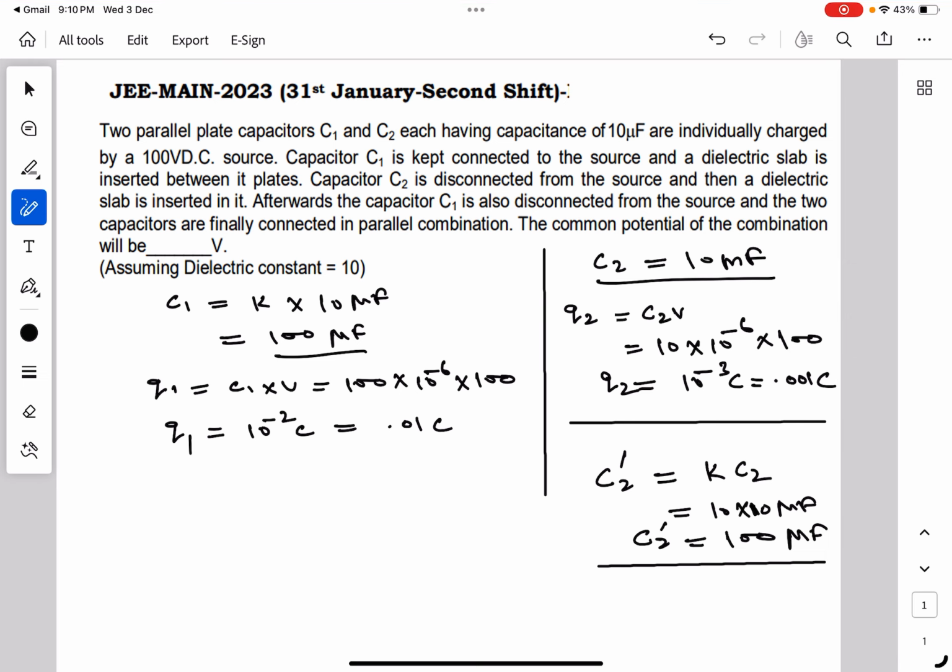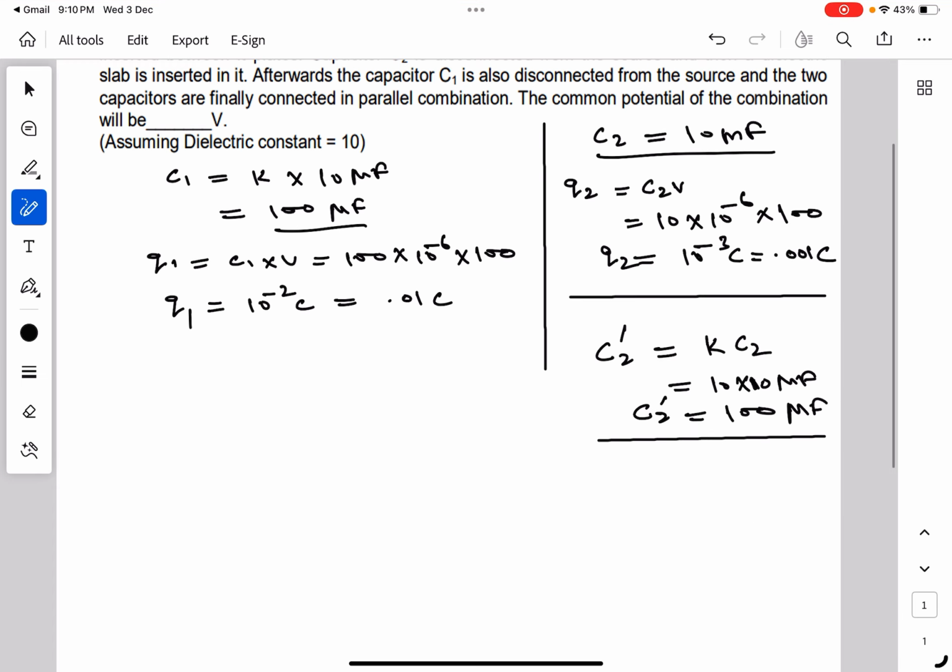Now C1 is also disconnected from the source and both these capacitors are now connected in parallel to each other. So their equivalent capacitance would be C equivalent of the combination would be 100 plus 100 equal to 200 microfarad.